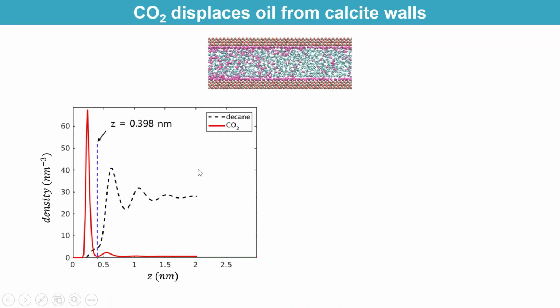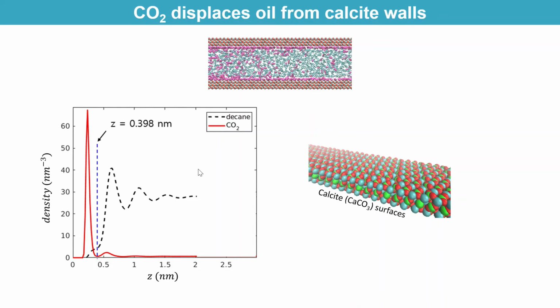Well, this turns out to be completely governed by the chemistry of oil, CO2, and the calcite wall. In our simulations, we use a calcite surface. Because of the peculiar chemical bonding between the calcium, carbon, and oxygen atoms, as well as the different electronegativity of these atoms, it so happens that the calcium and the carbon atoms are both positively charged, and the oxygen atom is negatively charged.